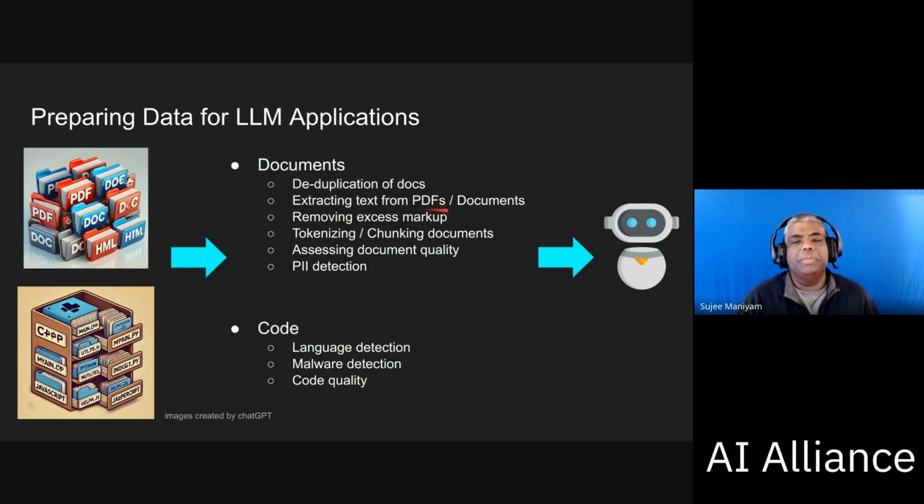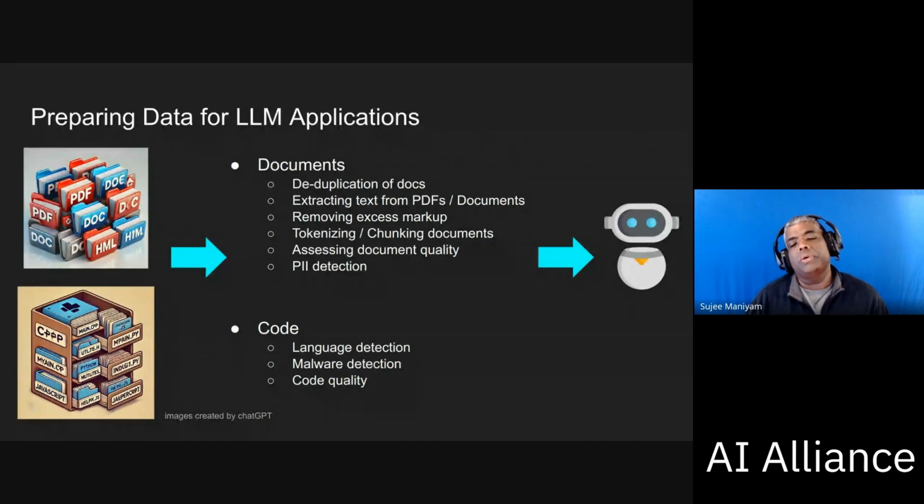Let's say I have a bunch of PDFs. We want to extract the text data out of the PDFs, because most applications deal in text. And I want to remove markup data, like bold or a lot of emojis, before I send it to my application. Also, if your document has personal information, like social security numbers or credit card numbers, we want to scrub those.